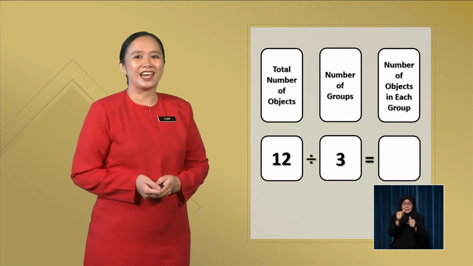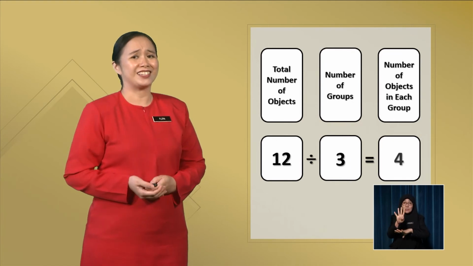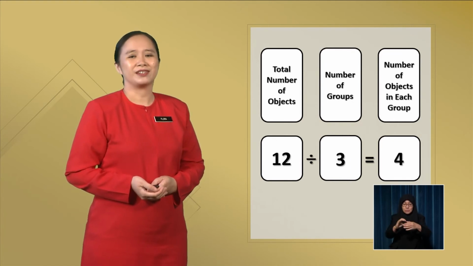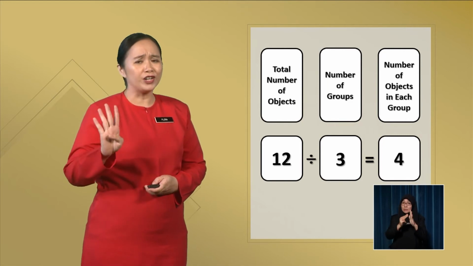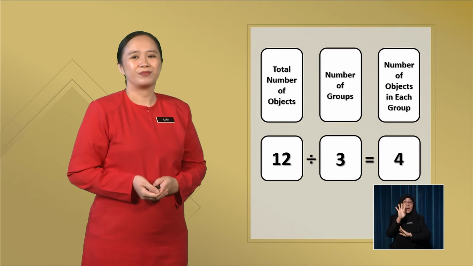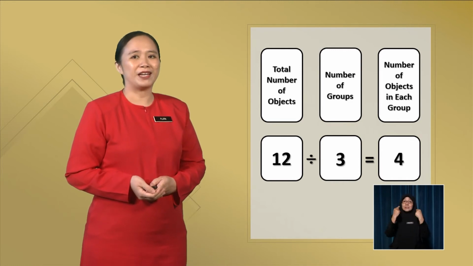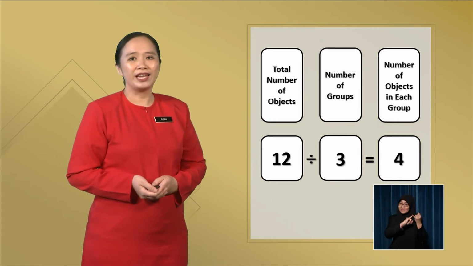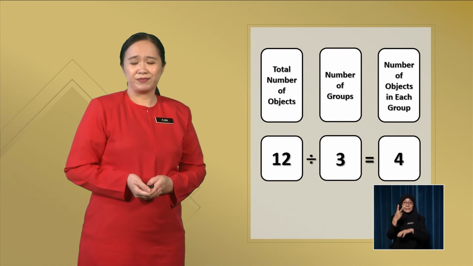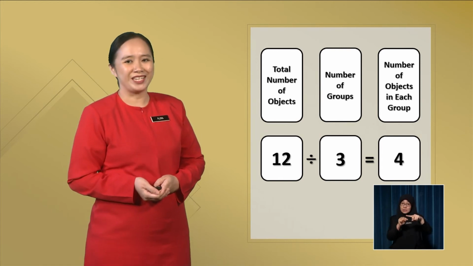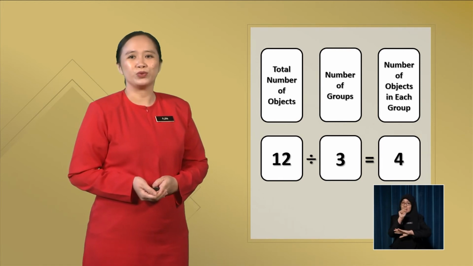Each child gets 4 cartons of chocolate milk. This means that there are 4 in each group. Last but not least, write the number 4. Therefore, 12 divided by 3 is equal to 4.